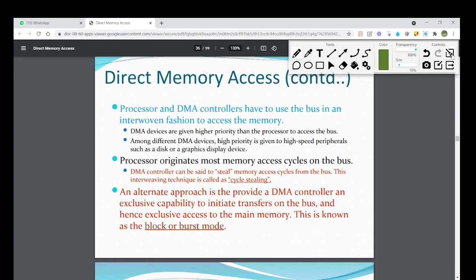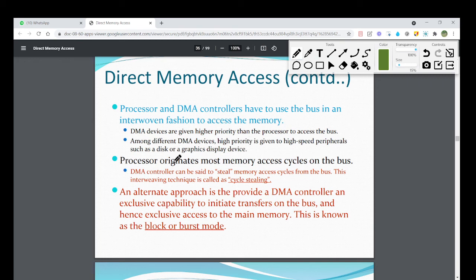So there must be some mechanism so that both cannot clash. So DMA devices are given higher priority than the processor to access the bus. Among different DMA devices, high priority is given to high-speed peripherals such as disk or graphical display devices.